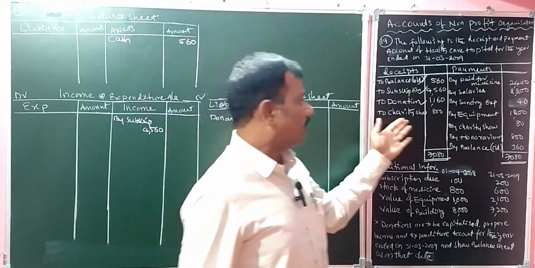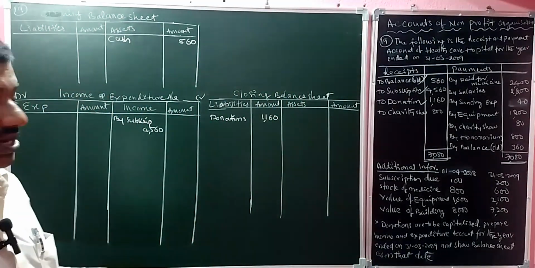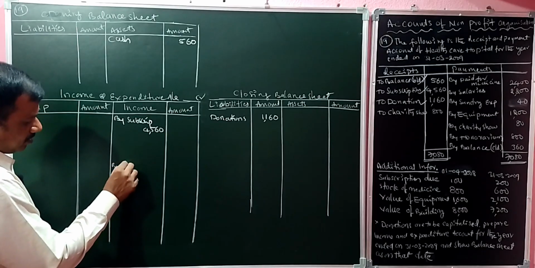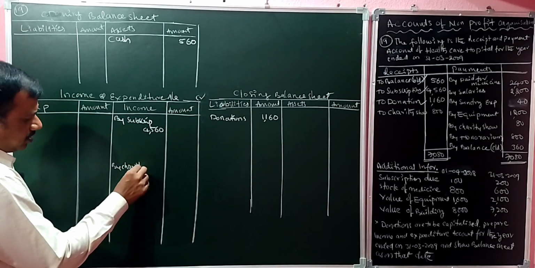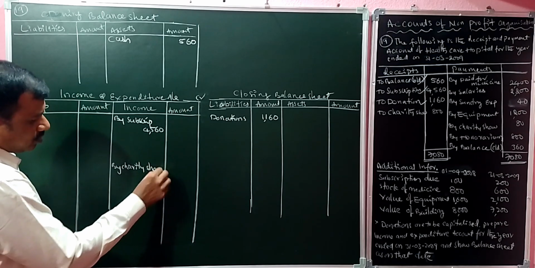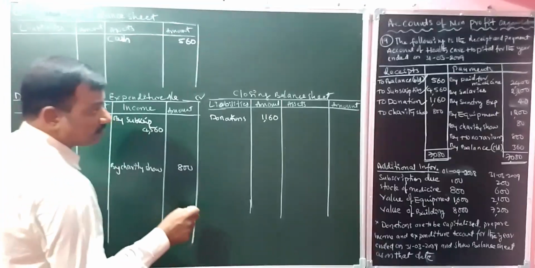Next, charity show. Charity show is income, so on the income side we write charity show. The value given is 800.